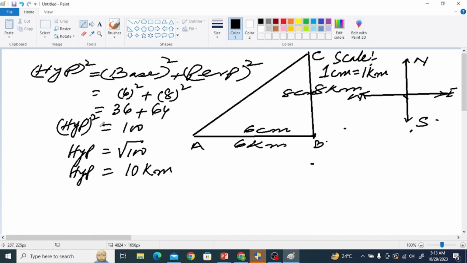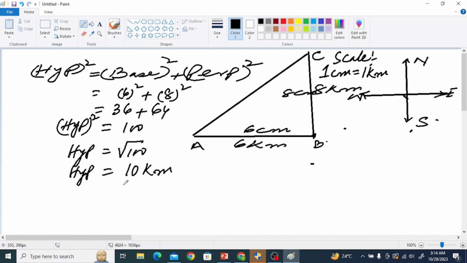Now we have to find the hypotenuse, for this we have to take the square root on both sides. That will give us hypotenuse equals under root 100. So when you remove the square over the hypotenuse, the value 100 will come under the radical sign.